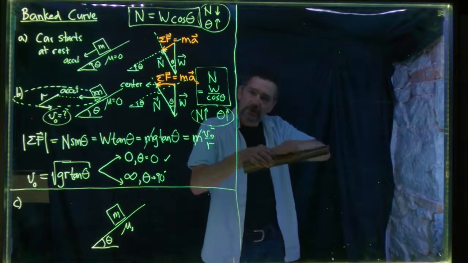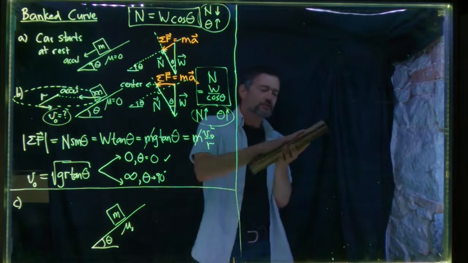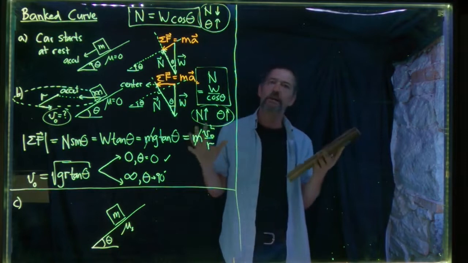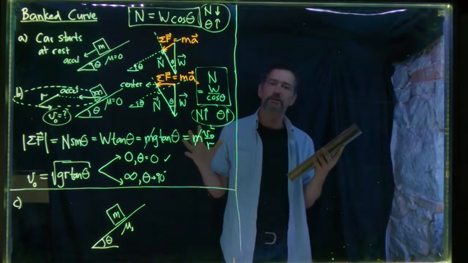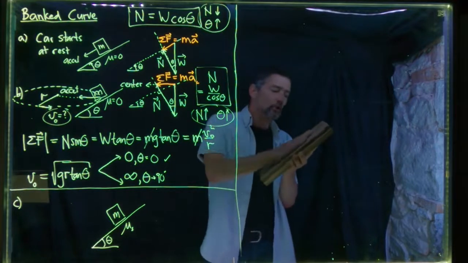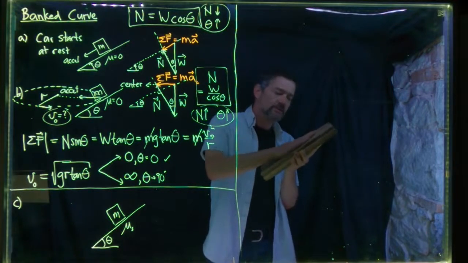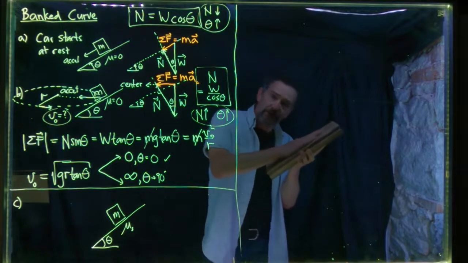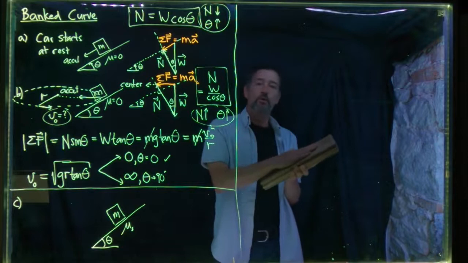There's no slipping happening. Whenever you have two surfaces that are sliding relative to each other, the kind of friction you're dealing with is kinetic friction, and its value is mu k times the normal force when you're sliding. But if there's no sliding, if there's no relative motion, then you're dealing with static friction. And you don't know what the static friction is.